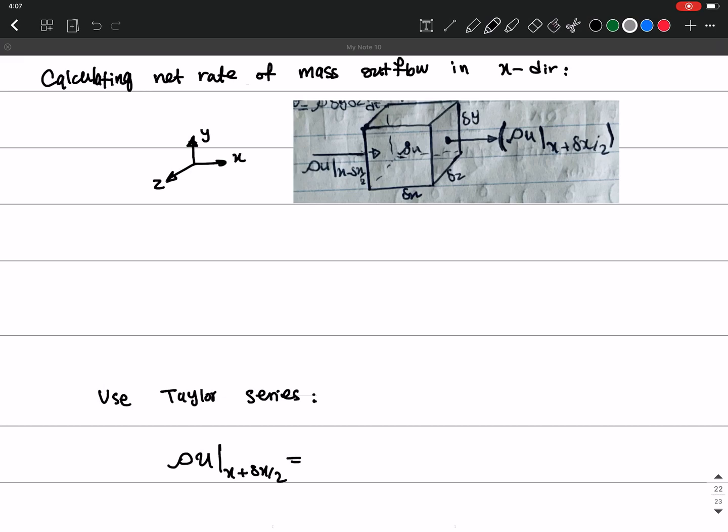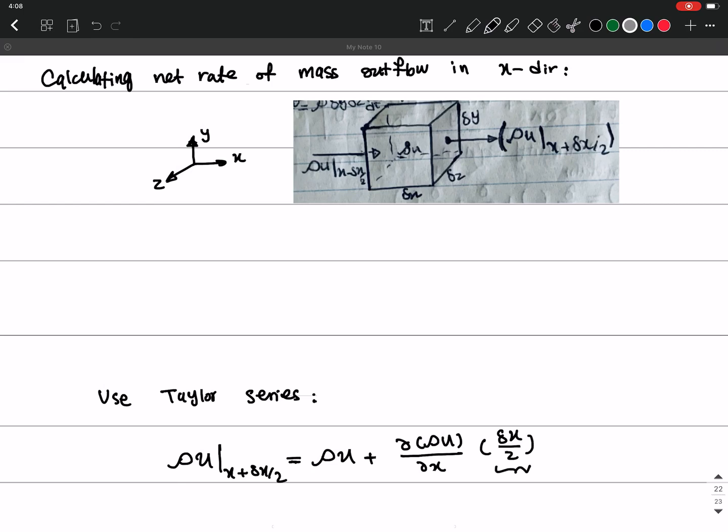Based on the Taylor series, this equals rho u at x, plus partial rho u over partial x times delta x over 2.